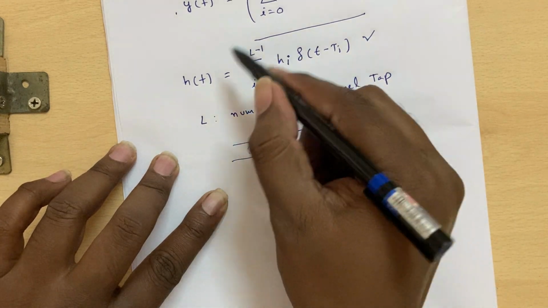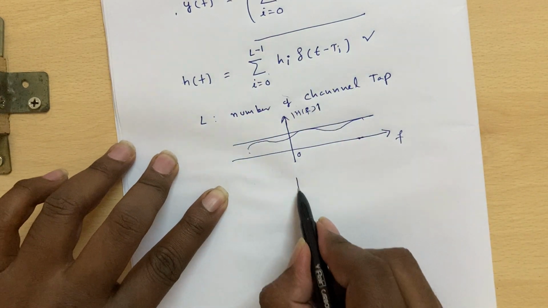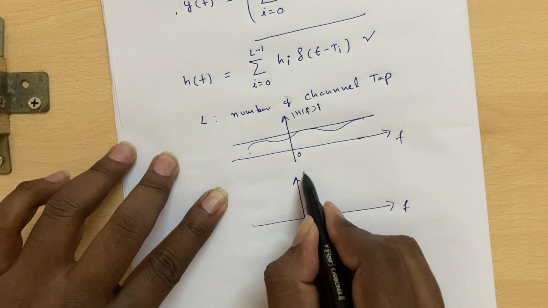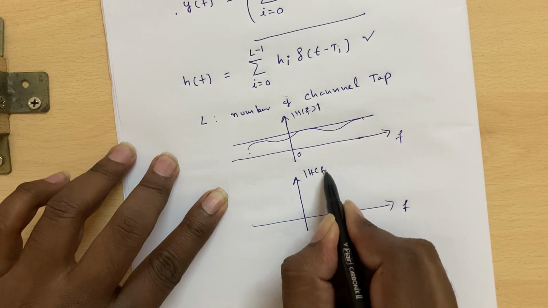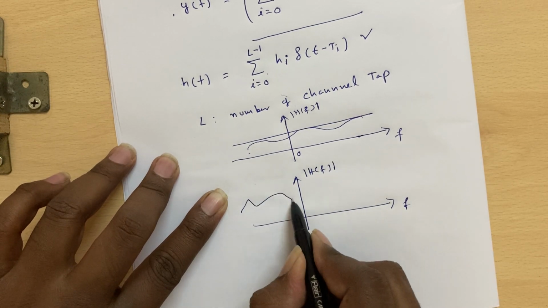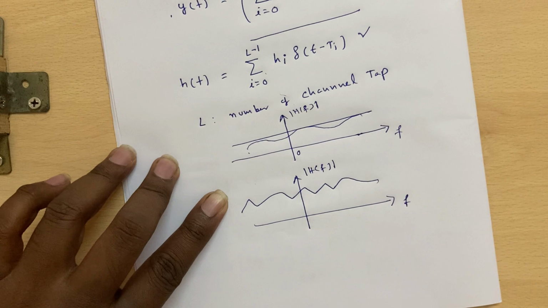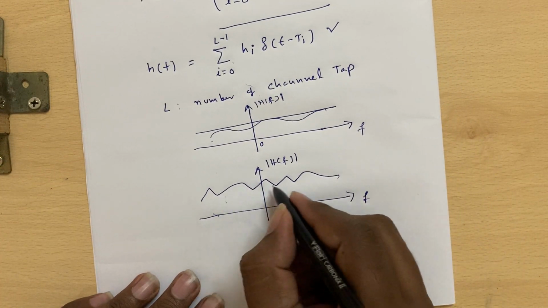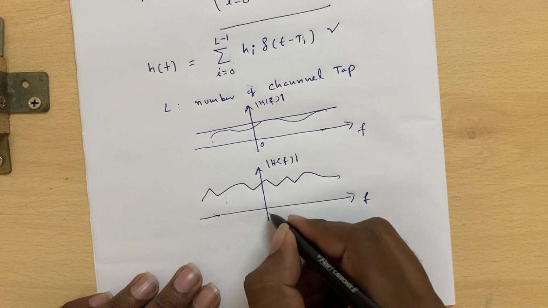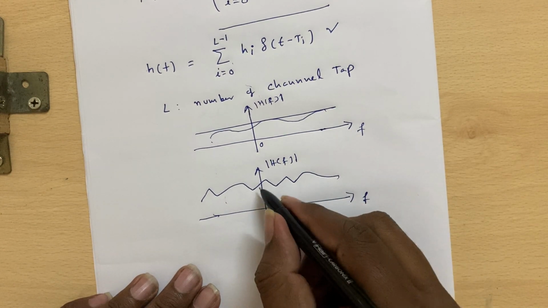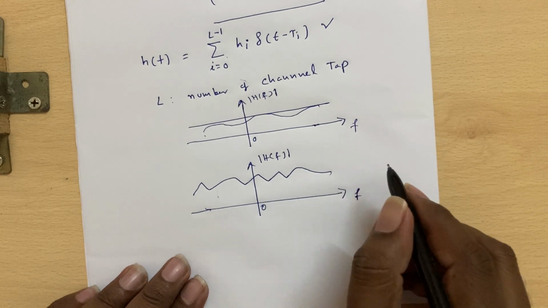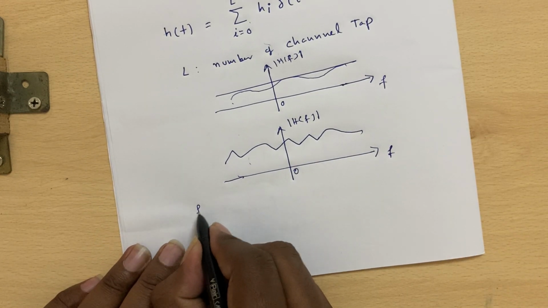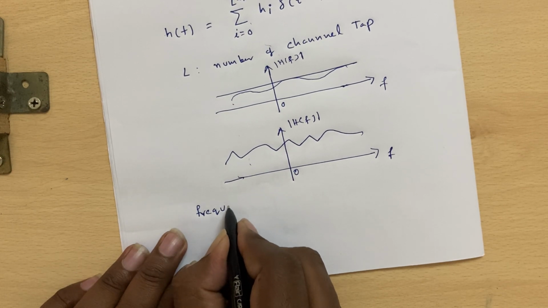And when a number of taps are there, and you plot the magnitude frequency response of the channel, it will have rapid random fluctuations in the frequency domain, something like this. And we call that a frequency selective channel.